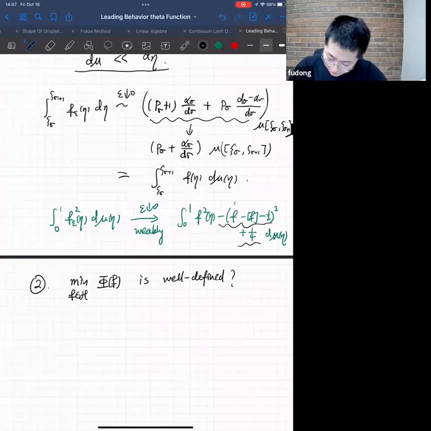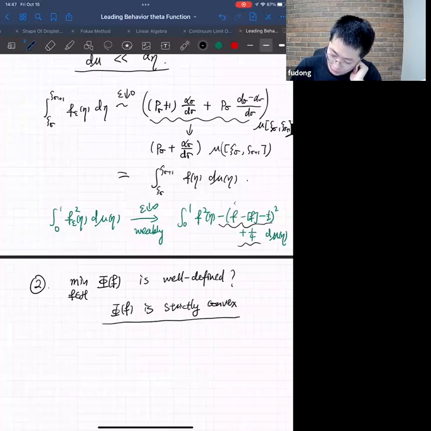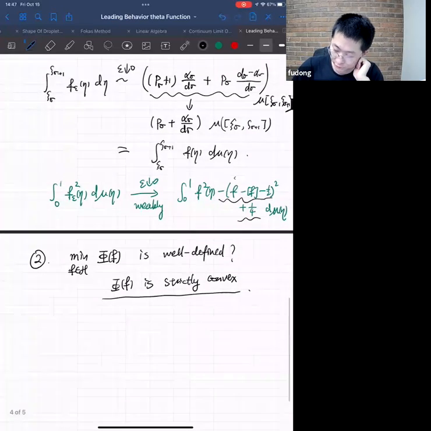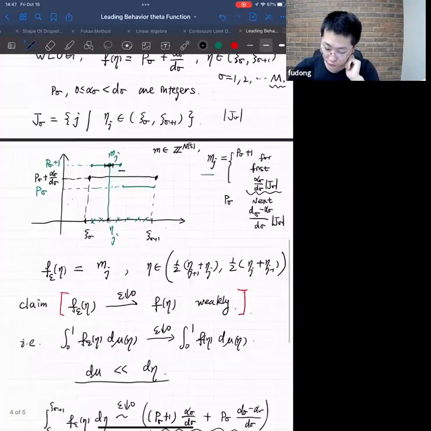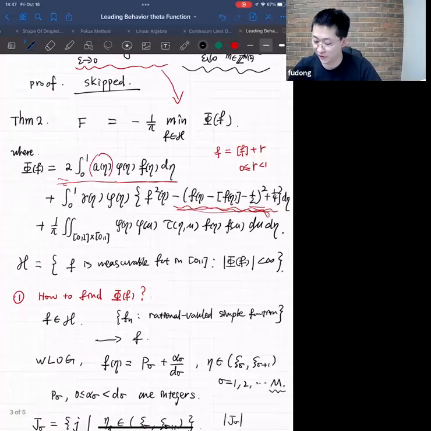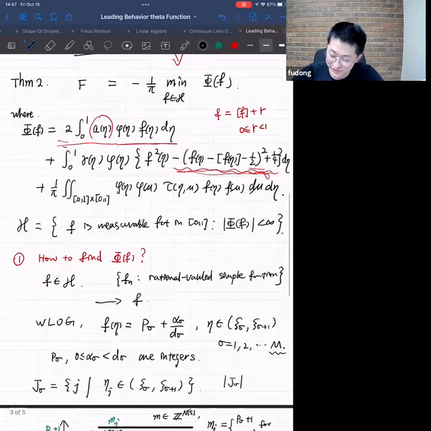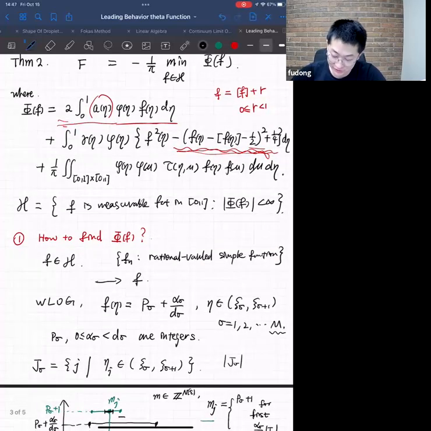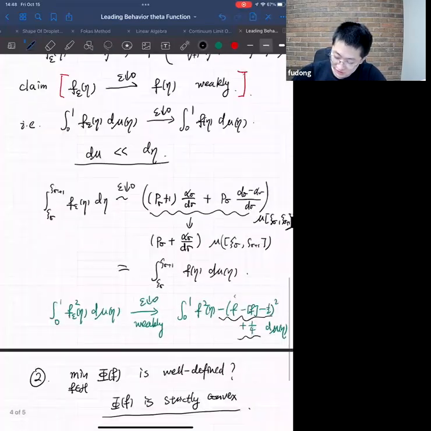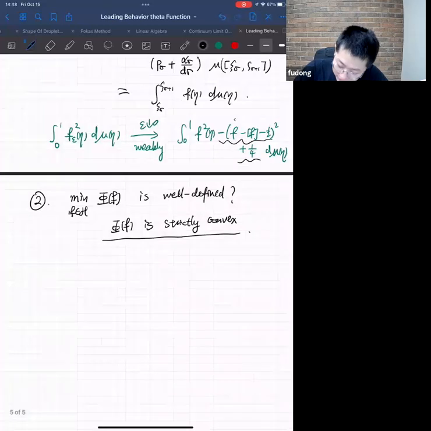And you can prove it is strictly convex, and that's what you need to prove for that function. Once you get this function, that part is very simple, right? Fairly simple. It's also like a 3 pages long proof. And we will skip this.